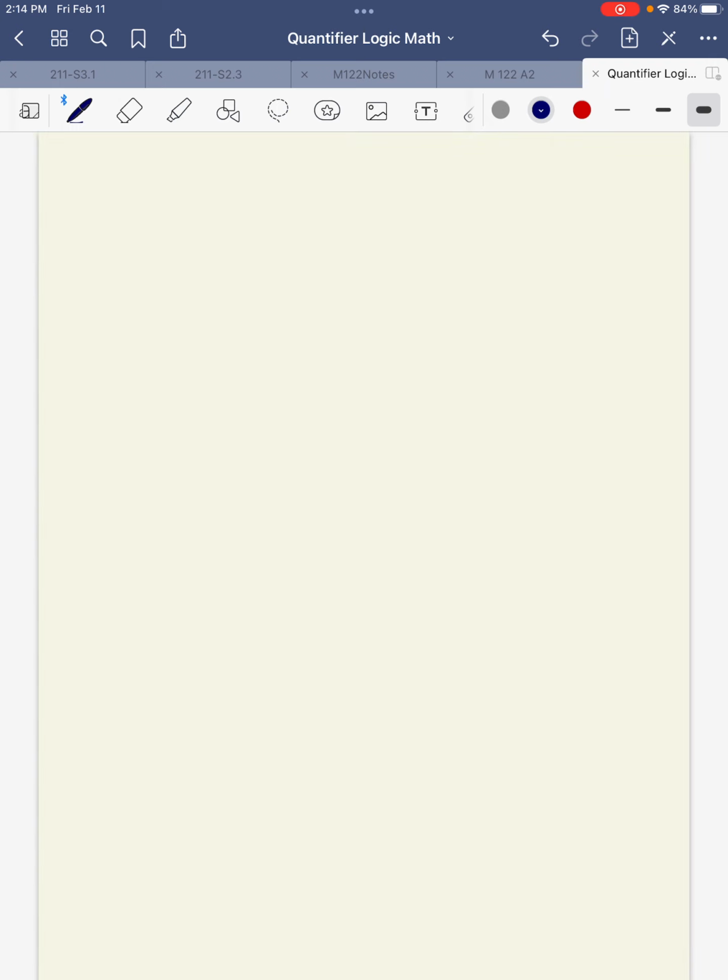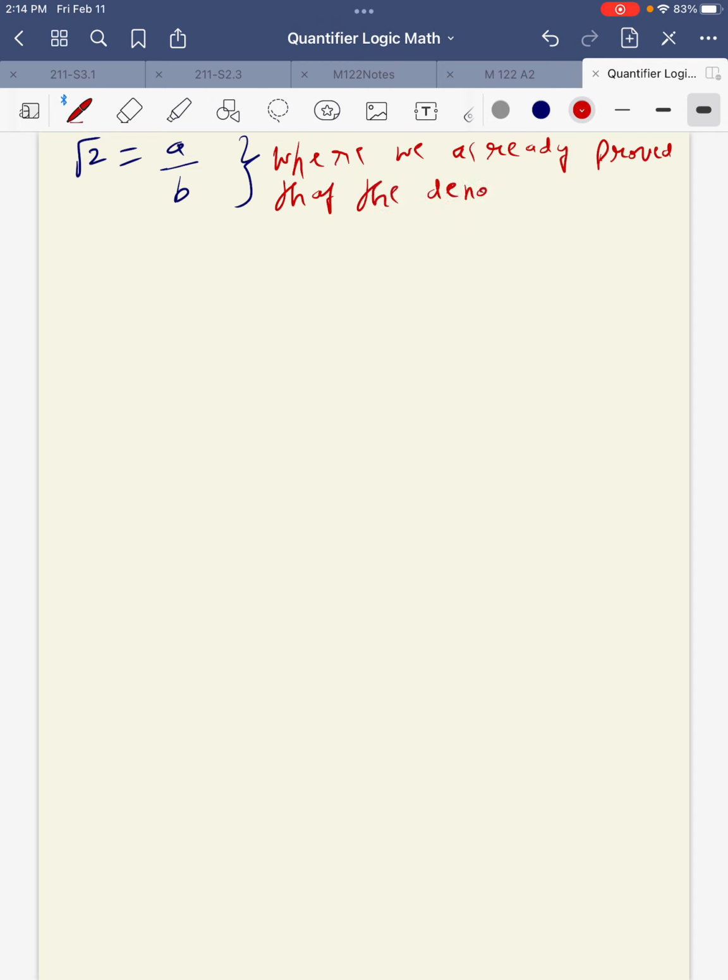Let's just do it on the next page. We already proved that the denominator is an even integer, but we don't know what the numerator is.